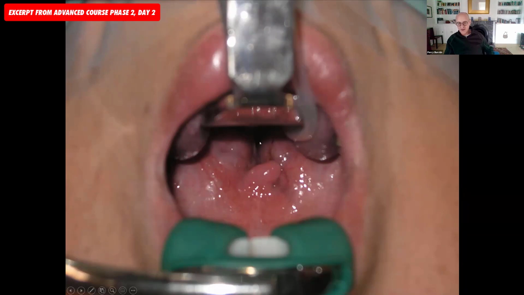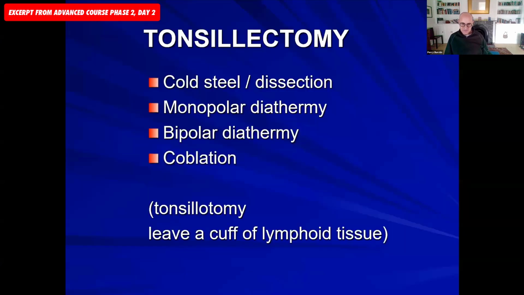And don't forget, that's with the Boyle-Davis gag in and totally distracted outwards. So, of course, when she's sitting there without that in there, those tonsils were more than just meeting, they were actually compressing in. And she went from an AHI in the 3 digits to 0 after operation.